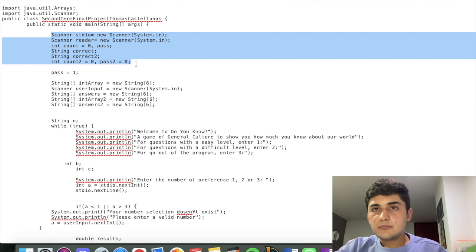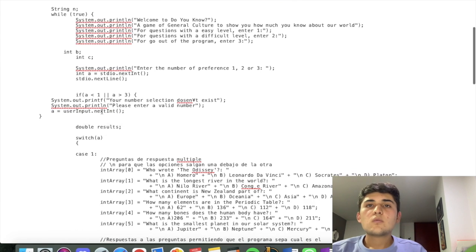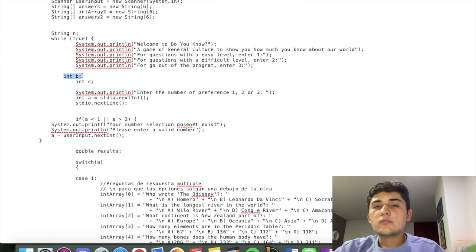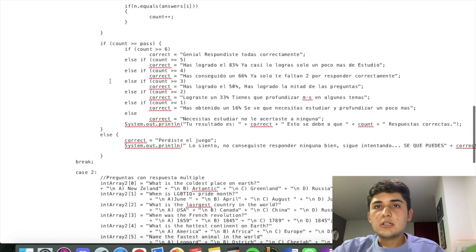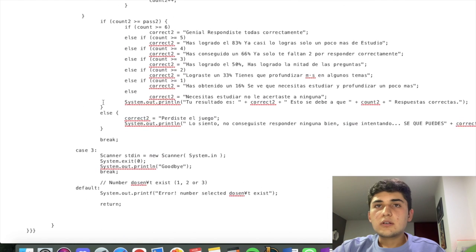Then I used count, correct and correct 2, variables that help to know how the player did when answering. Also, I used int a and int b to know when the game starts, and I also put break, which is to close the program. For example, int b, and here I use break to close the program.